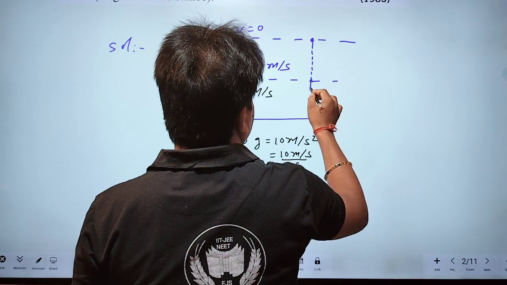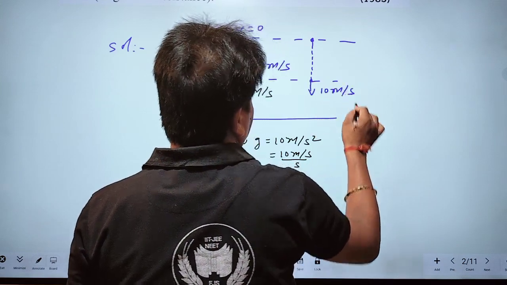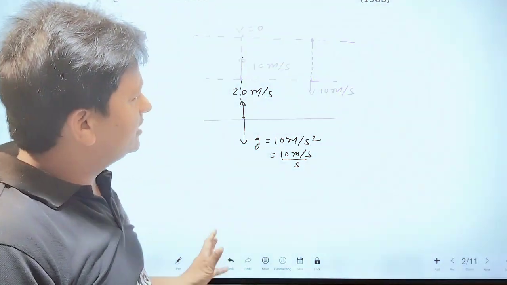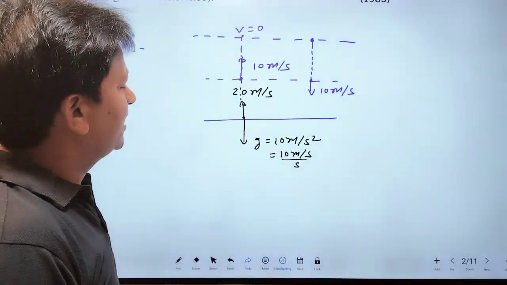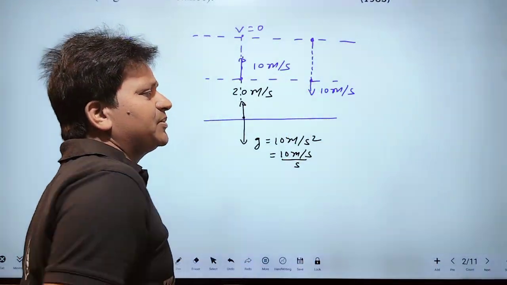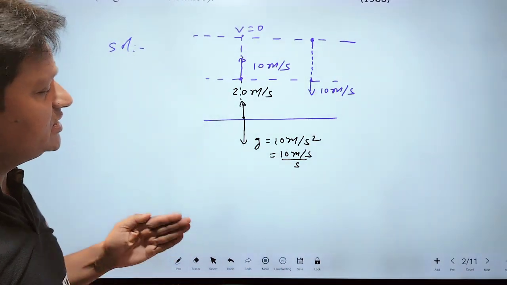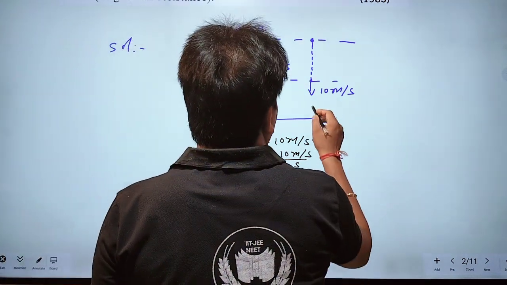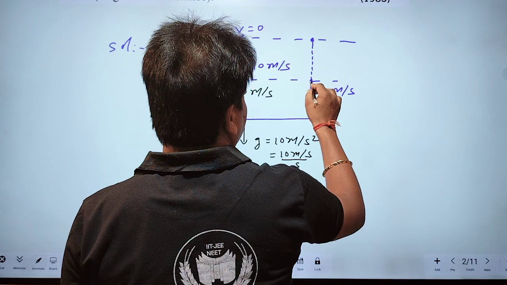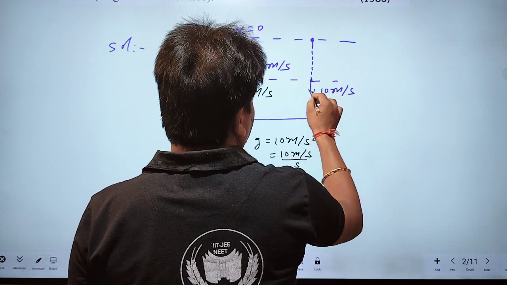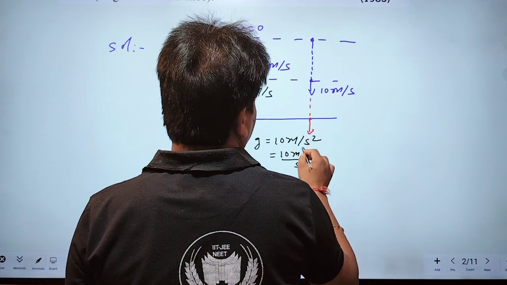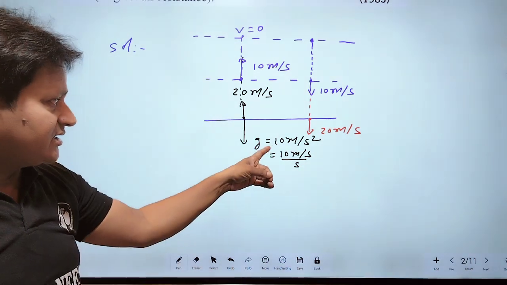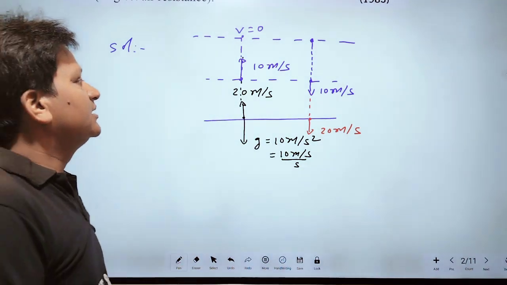After 1 second, its velocity becomes 10 meter per second, because the direction of velocity is along the direction of acceleration. Therefore, the velocity of the particle will increase in each second by 10 meter per second. Therefore, the velocity of this particle at this position will be 20 meter per second, because its velocity increases by 10 meter per second in each second. Okay.